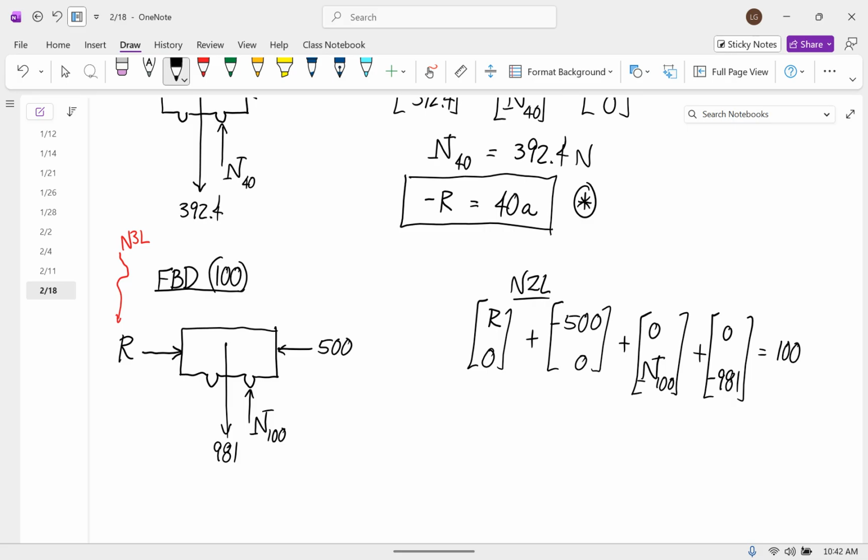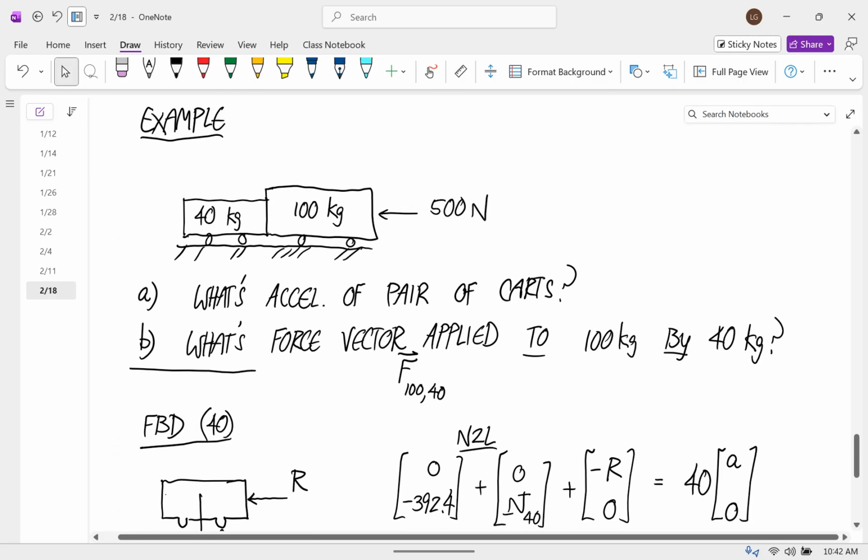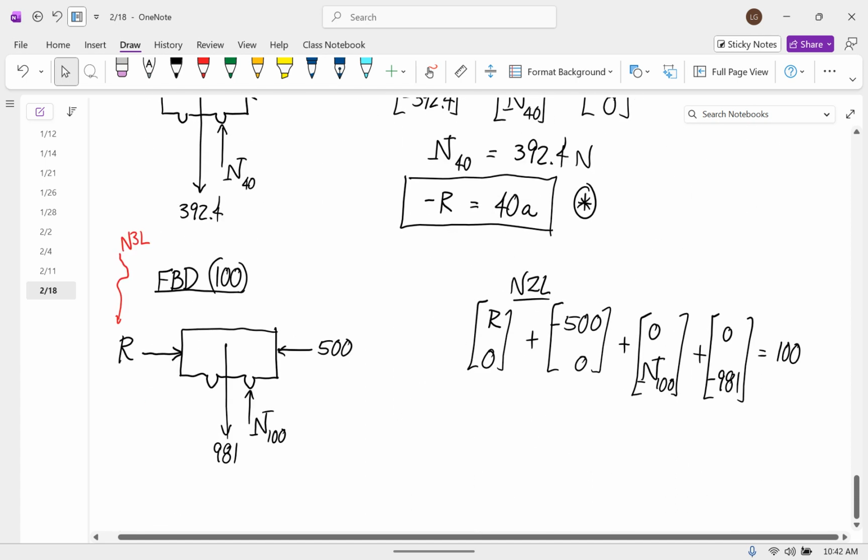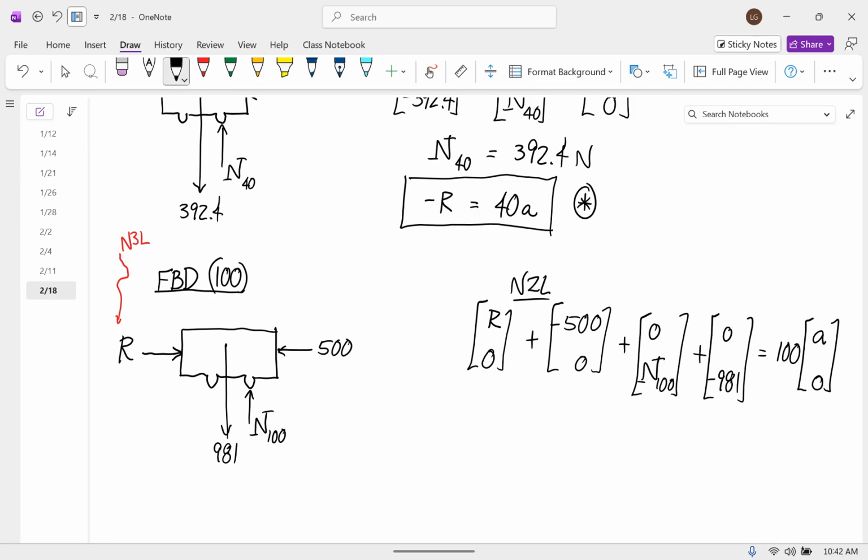And now what I'm going to assume is that these two things are going to move as a single unit. So whatever the acceleration is of the first one is going to be the acceleration of the second one. So I'm just going to represent it the same way. Is it because they're touching each other? Yep.